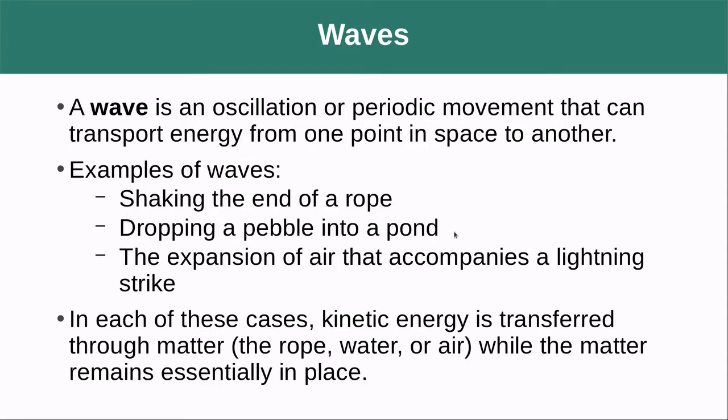You drop a pebble into a pond and waves ripple across the surface. And even ones that we experience but can't really see, like the expansion of air that accompanies lightning, that thunder, that is a wave that is propagating out from the lightning strike. But in any of these cases, kinetic energy is transferred through matter, whether it be the rope, the water, or the air, while the matter remains essentially in place.